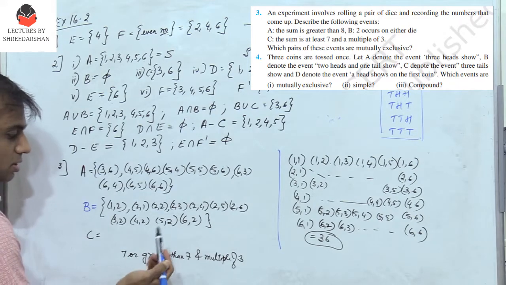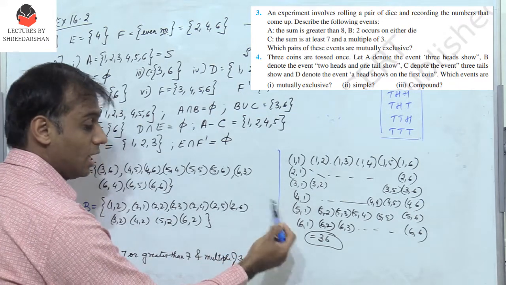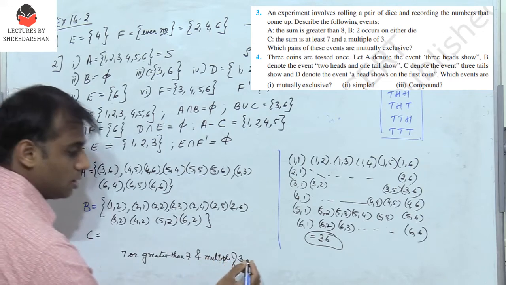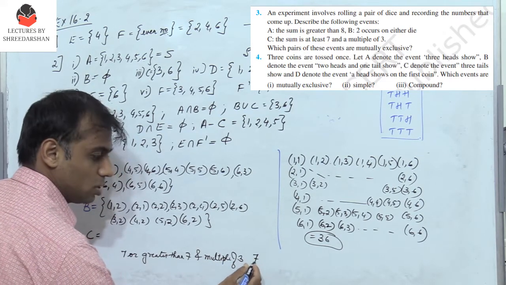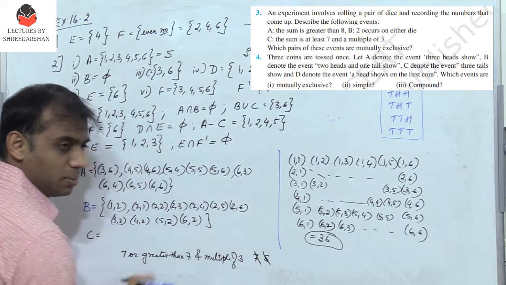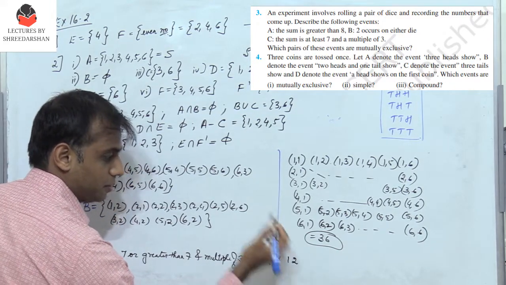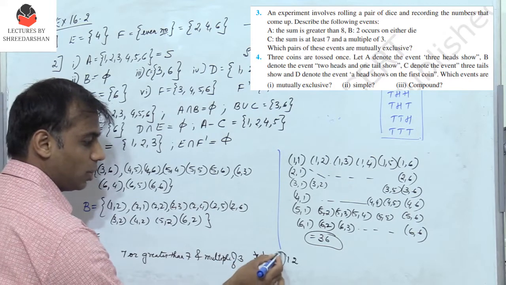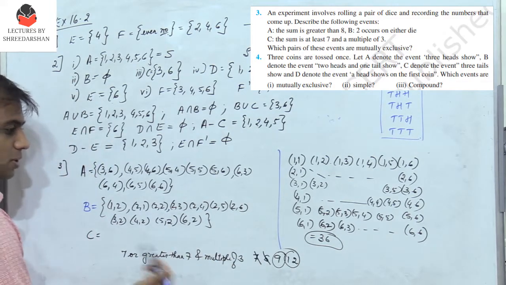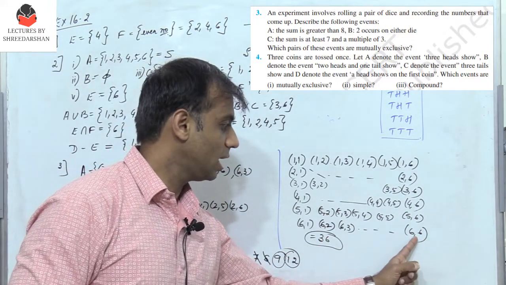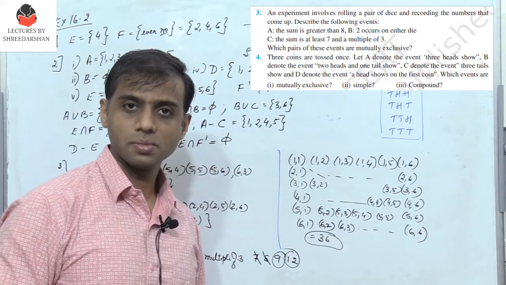So I have to take the sum of two numbers and they have to be a multiple of 3, but it should be at least 7. So what are the numbers which are multiples of 3? 7 is not a multiple of 3, 8 is not a multiple of 3, I have 9 and then I have 12. So 9 and 12 are the two numbers which are multiples of 3 which I would get when I add the two numbers, because the highest is (6,6), isn't it?